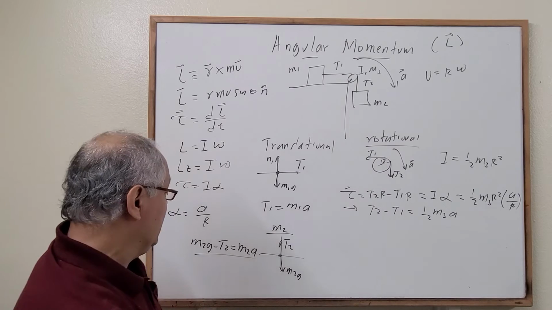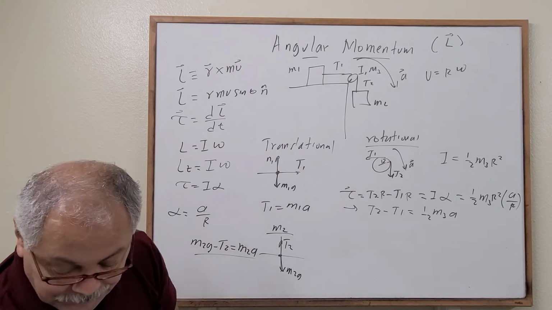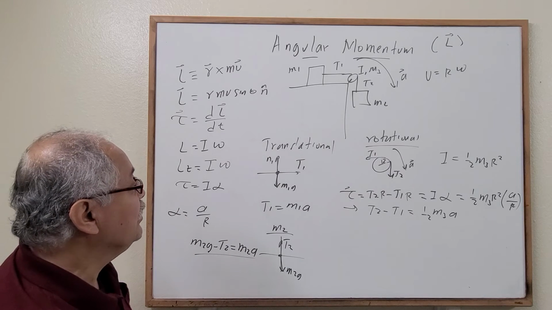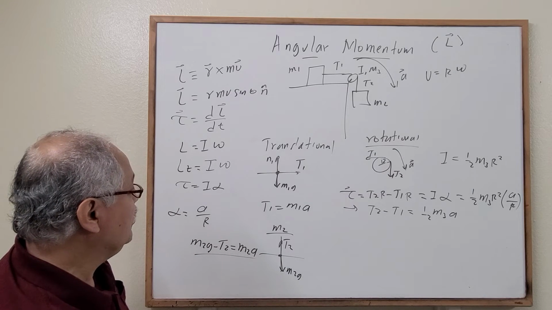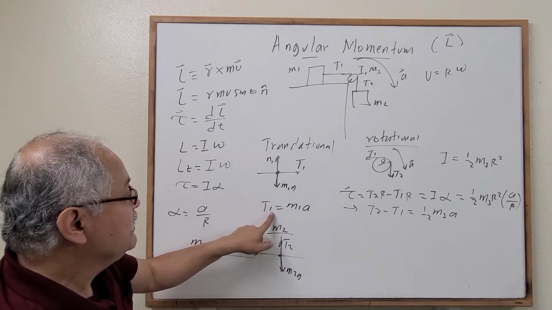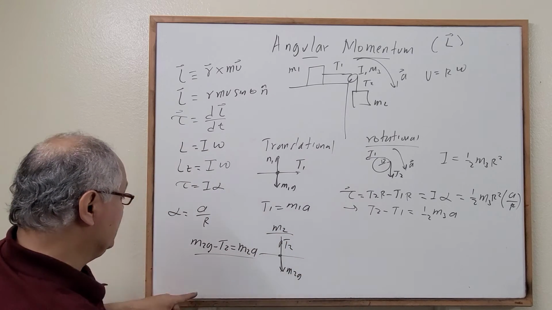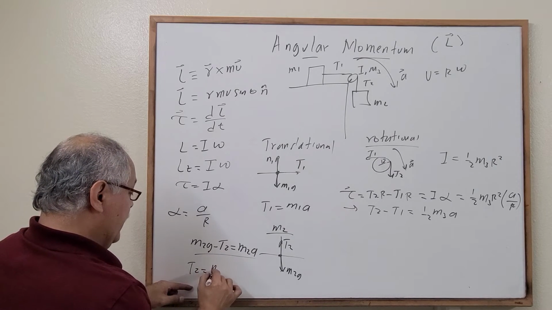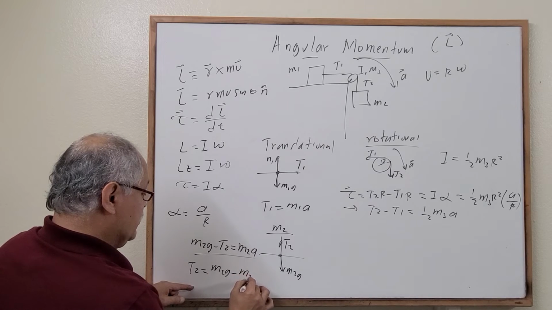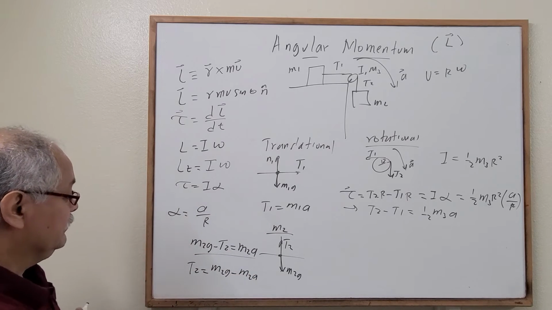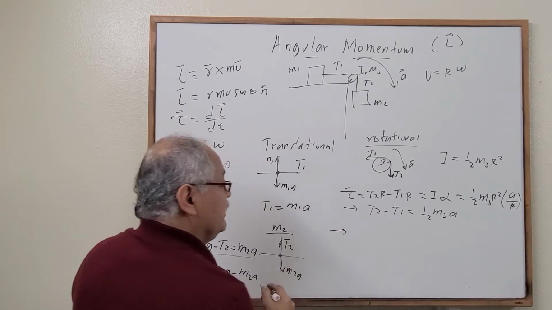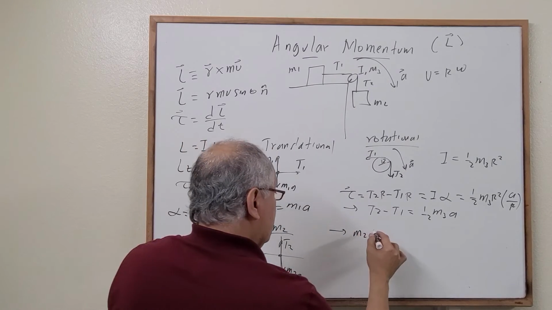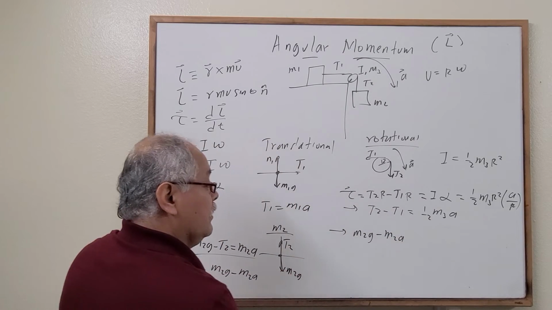Let's combine them and solve for acceleration. Look, what do we have right here? We have T1 given, and T2 we can substitute from here. T2 is equal to M2g minus M2a. So we have M2g minus M2a, minus T1, and T1 is M1a.